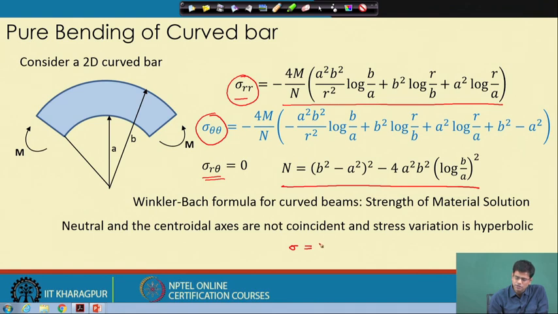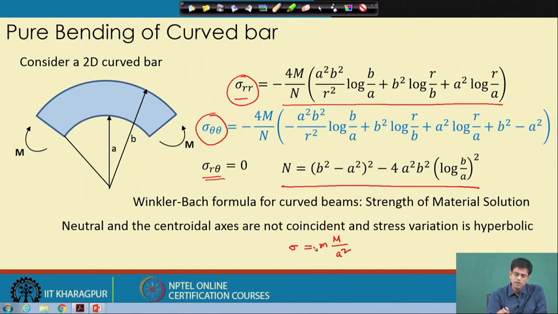We can write it in this form: sigma equals some constant, say M, into capital M by a square, where a is our inner radius. So, this is a hyperbolic kind of equation. This sigma theta theta is equivalent to the sigma from the strength of materials solution.